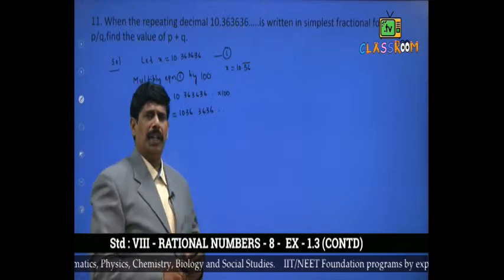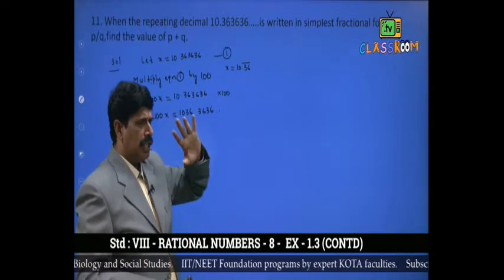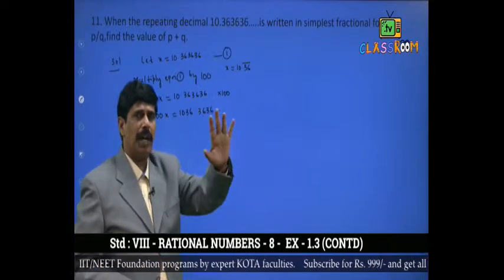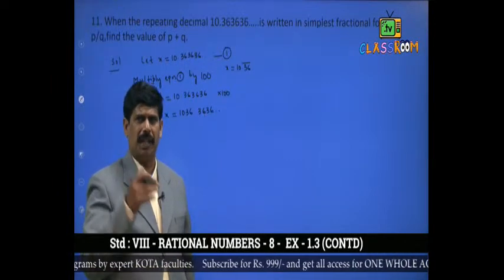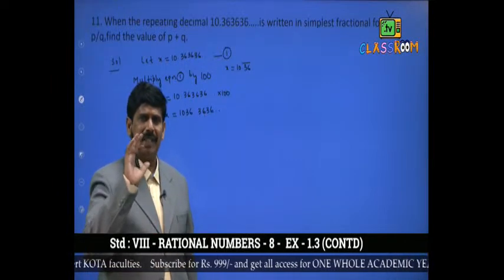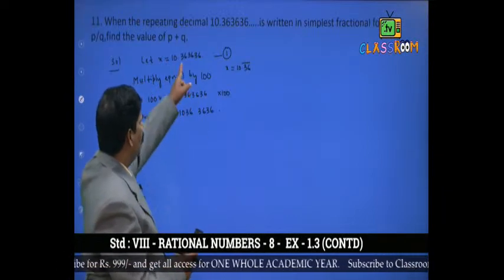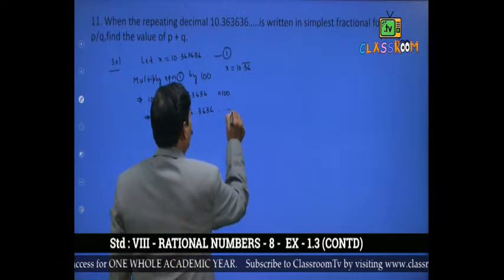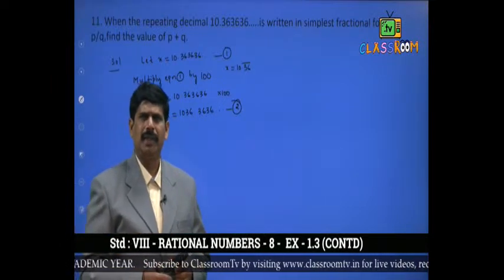And one more important observation here. After the decimal point in equation 1 and 2, the recurring part should be same. Whether it is same or not you have to verify here only. So now in equation 1 I got 0.363636 and in equation 2 I am also getting the same 0.3636.